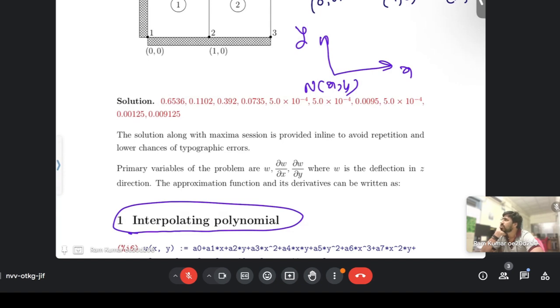I guess you go through all the plate element, but anyway, I will try to explain as much as I can.